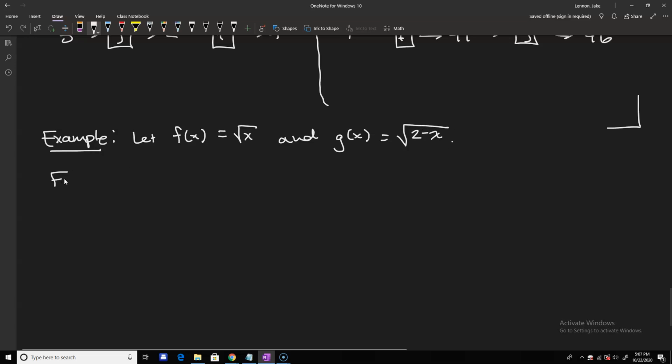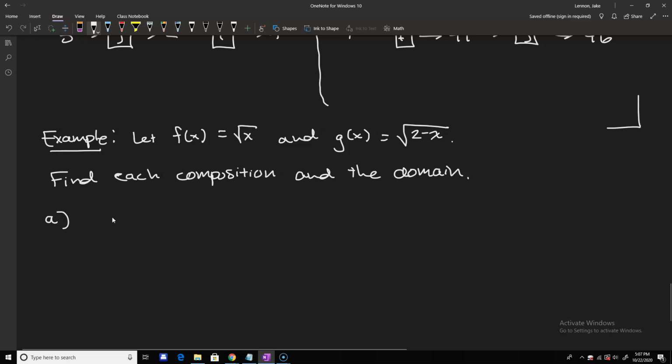So let's find each composition and the domain. Once you have square roots or division by variables involved, then domains are going to get more interesting.